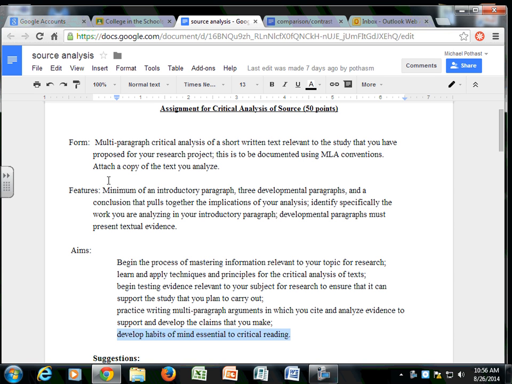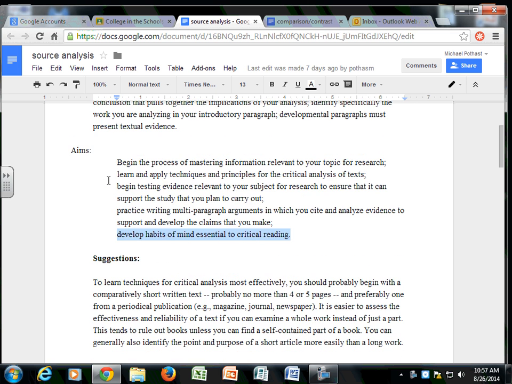It's very important that you learn to analyze reading critically and to be able to see what's good and bad about a particular source, because in this class and in real college, when you hit the university next year, you're not just evaluated on having a source or sources, you're evaluated on the quality and depth of the sources that you have. So it's important you learn this skill now.